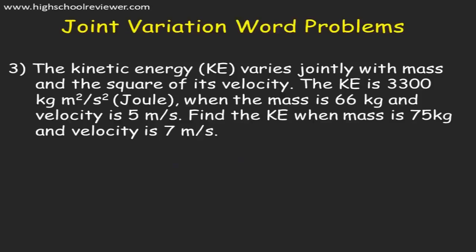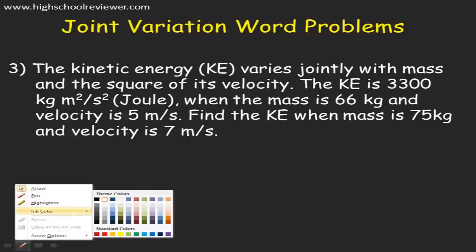Number 3, the kinetic energy, or KE, varies jointly with mass and the square of its velocity. The KE is 3,300 joules when the mass is 66 kilograms and velocity is 5 meters per second. Find the KE, or kinetic energy, when mass is 75 kilograms and velocity is 7 meters per second.